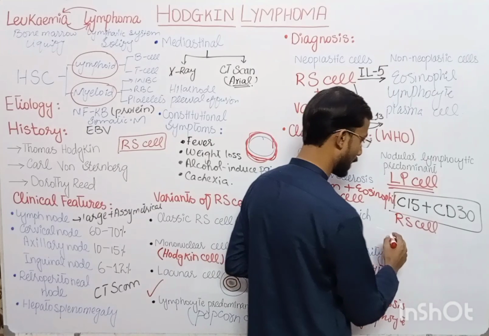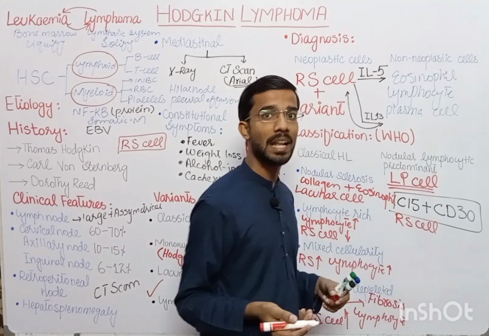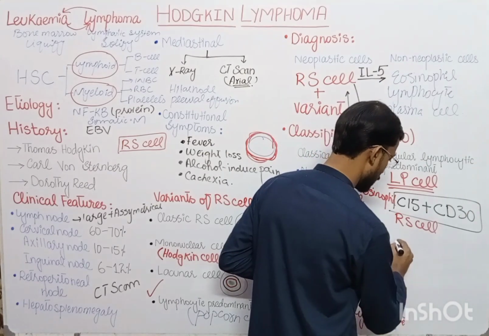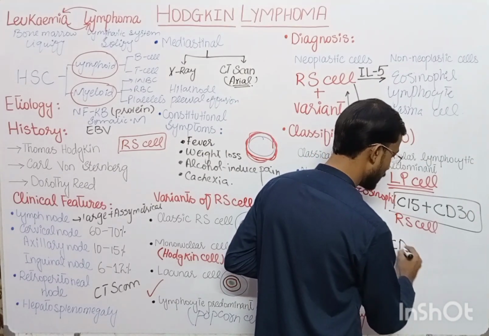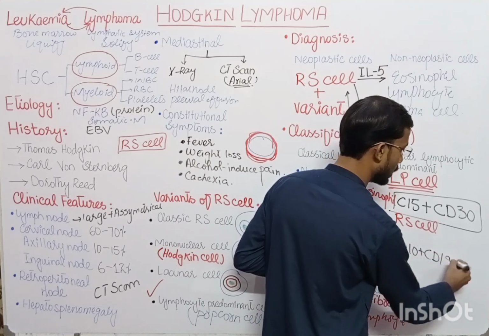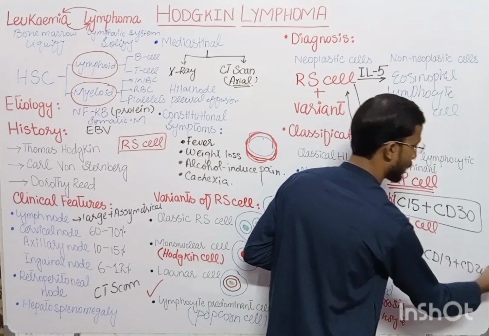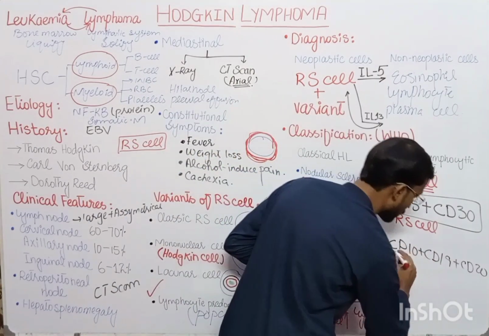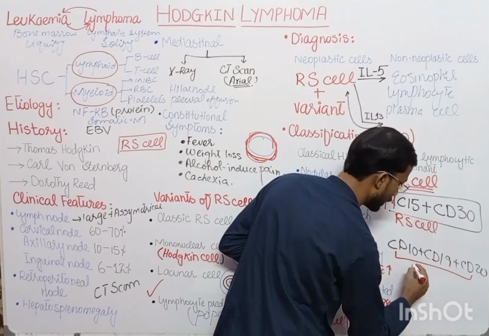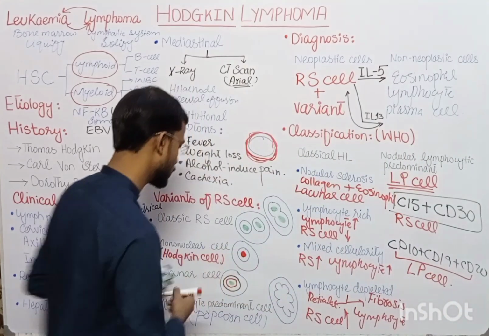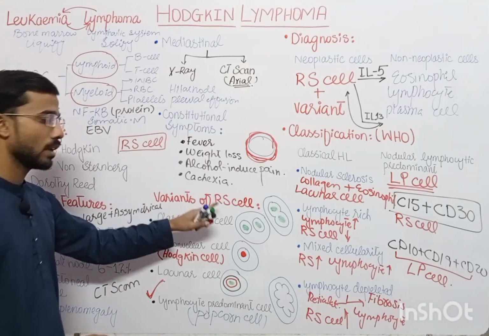The lymphocyte predominant cell shows B cell markers, which include CD10, CD19, CD20, etc. These markers are only shown by the lymphocyte predominant cell, which is actually the variant of the RS cell.